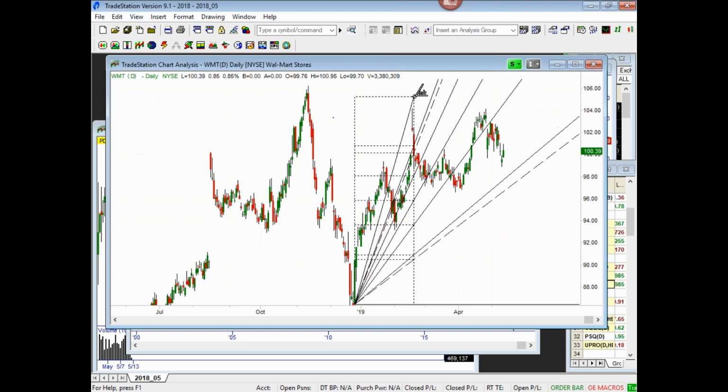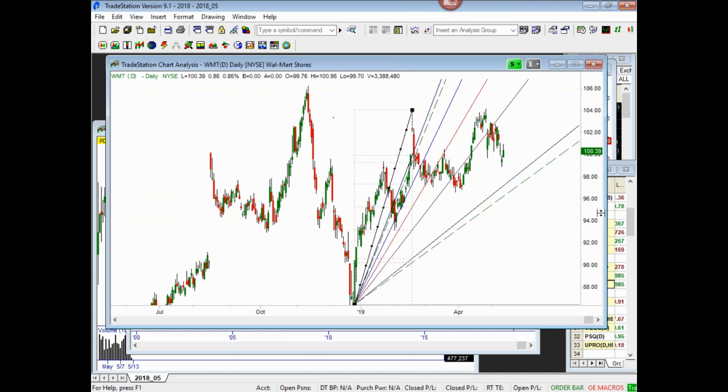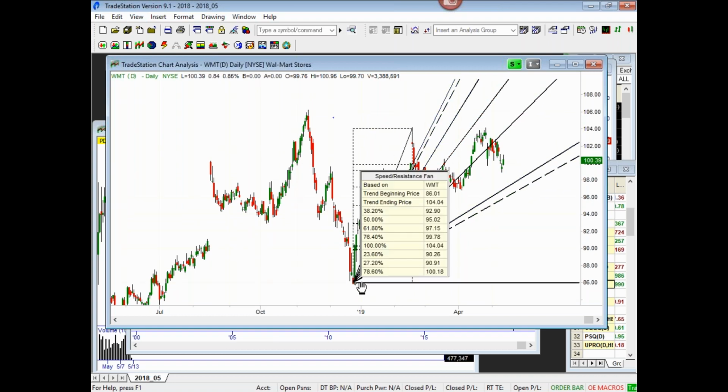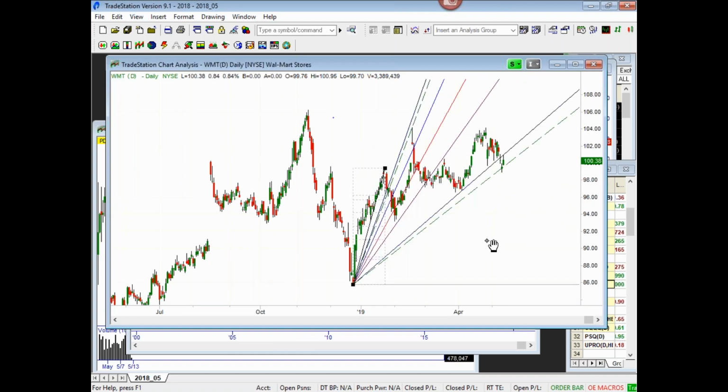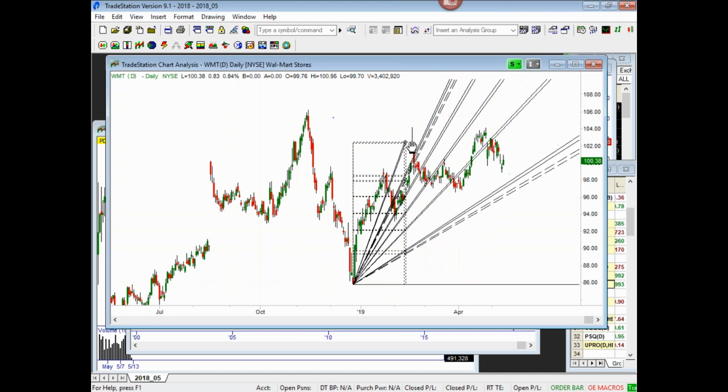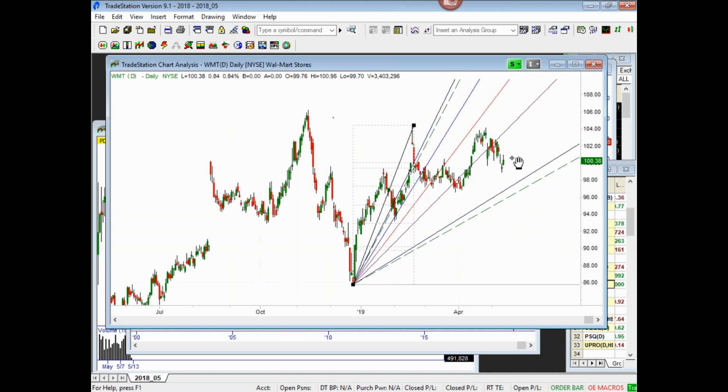I might have to move this, but squish it up there. So you're looking at here are the current fans that are holding. So you basically need to see it holding that zone, but these fans could also be moved up to here. So your main failure confirmation is going to be as this one goes.